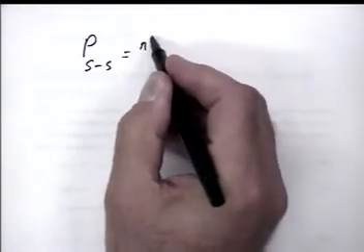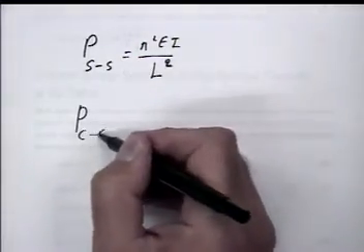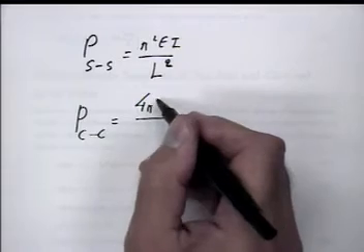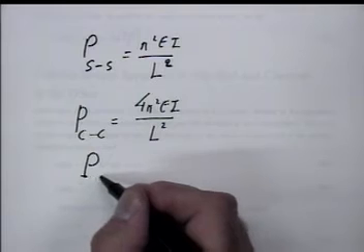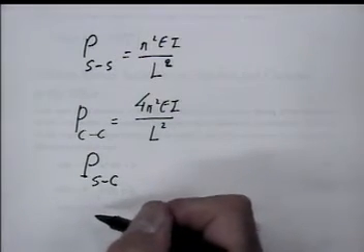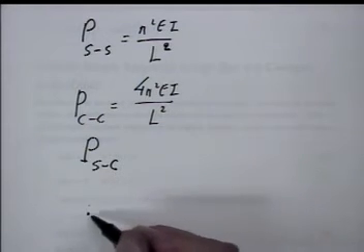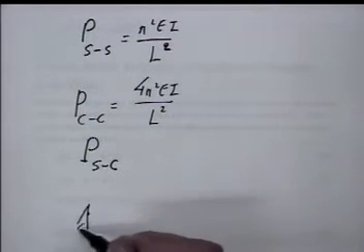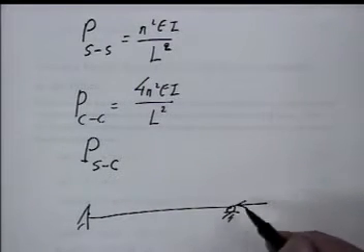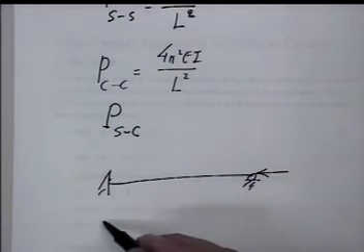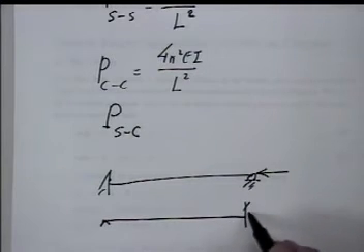PSS equals pi square EI over L square. PCC equals 4 pi square EI over L square. Now I want to find PSC, simply supported clamped. So this beam is clamped, simply supported. For example, like this, and that is a load. Or it is simply supported here and clamped here. So it's the same.